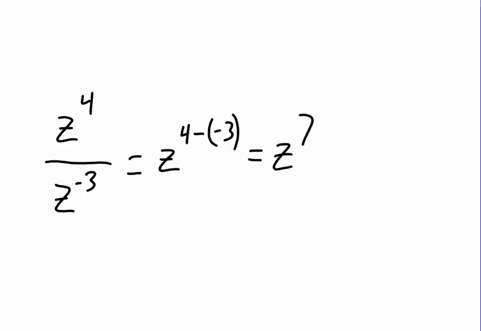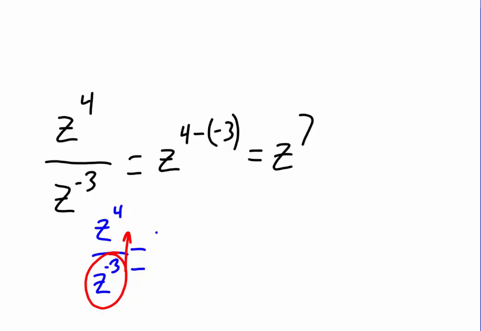The other way that we could have done this was to have said, all right, if we have z to the 4th over z to the negative 3, we can take the thing raised to the negative exponent, move it to the other side of the fraction bar and make it a positive.